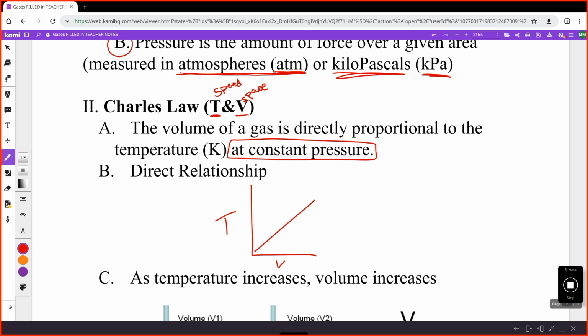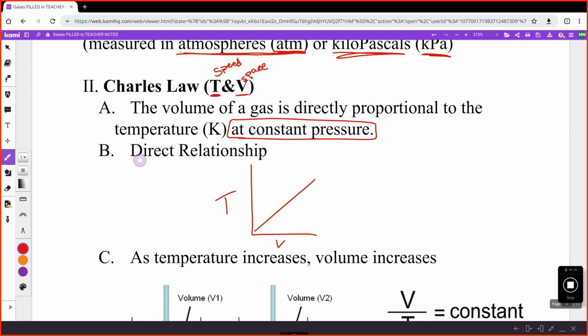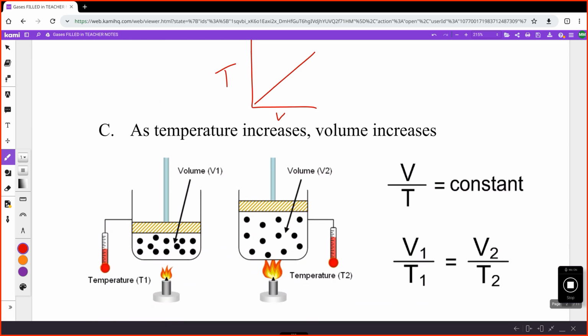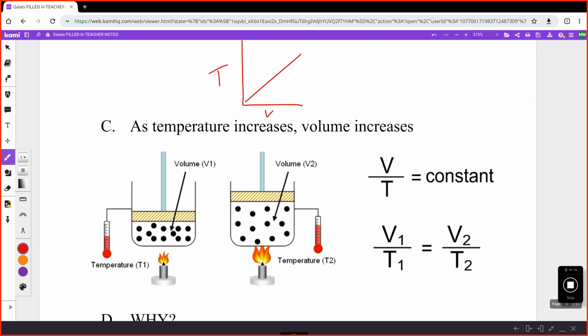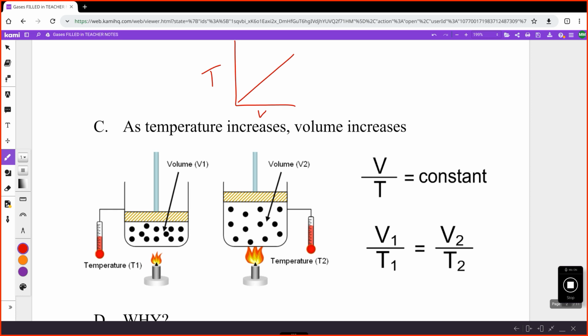And I think it makes sense when you see this picture. In this picture, we have two different temperatures, a low temperature and a high temperature. Even though it's not drawn in here, you have to imagine that these molecules are moving faster than these molecules.